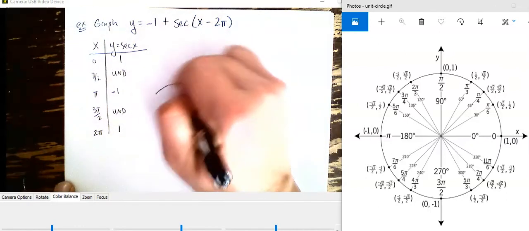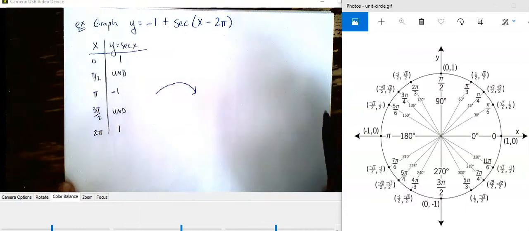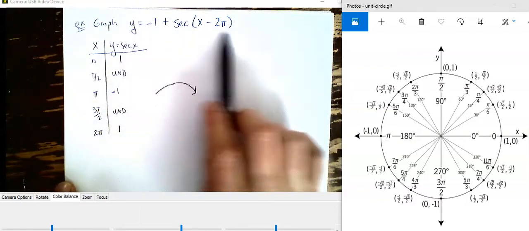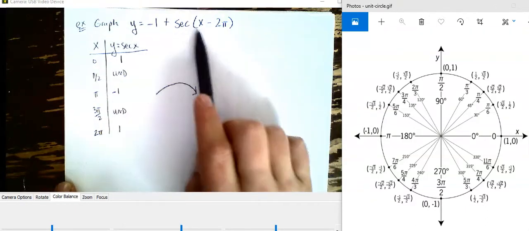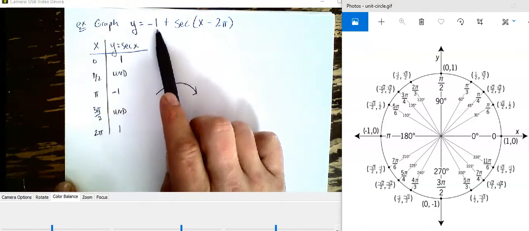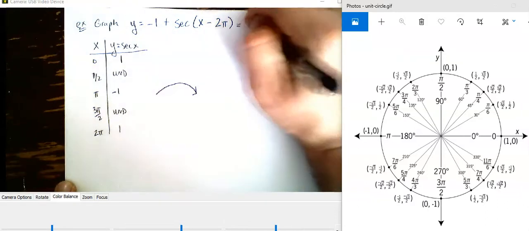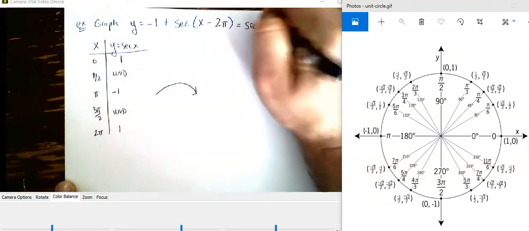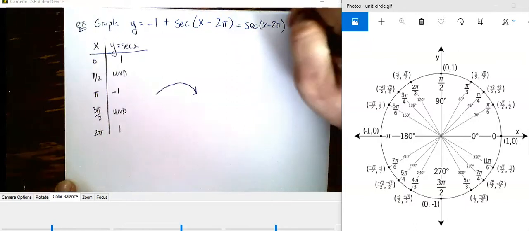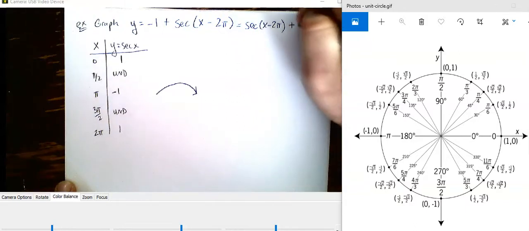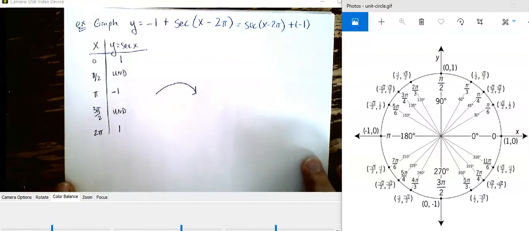When we do our transformation, let's think about what we're seeing in the equation. We know this -1 out front is like d, so we can rewrite this as secant of x minus 2 pi, plus -1. That's the same thing.